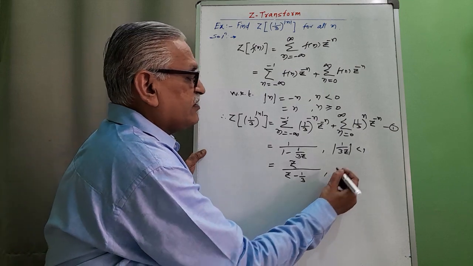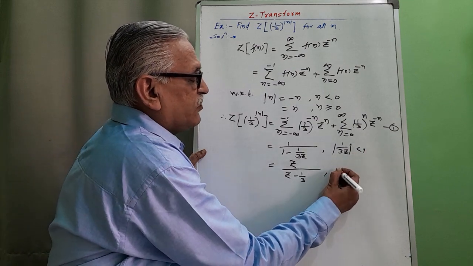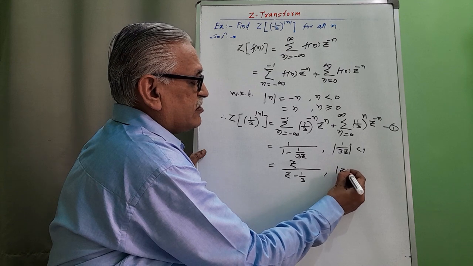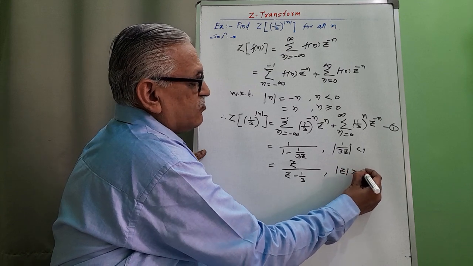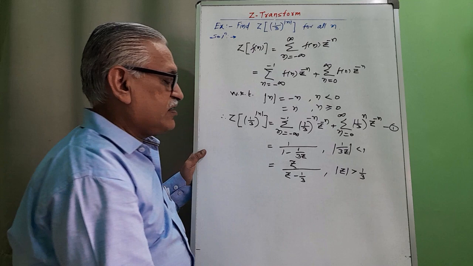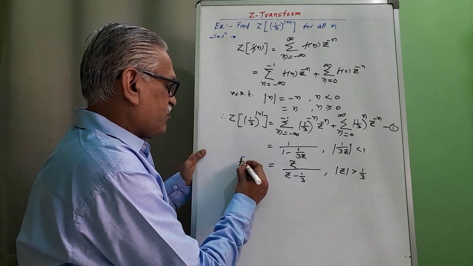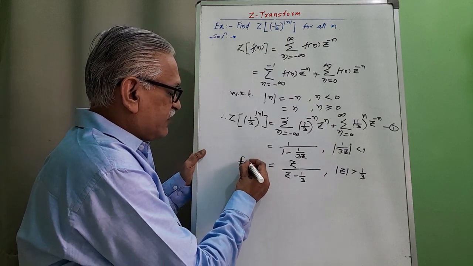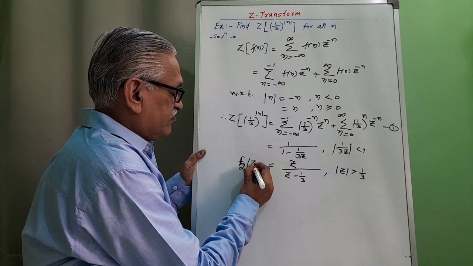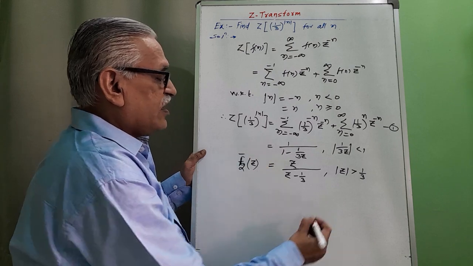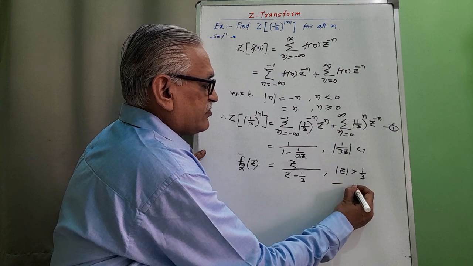The condition, transferring to the other side, is mod z greater than 1 by 3. This is the Z transform of the second function, and we call this equation number 3.